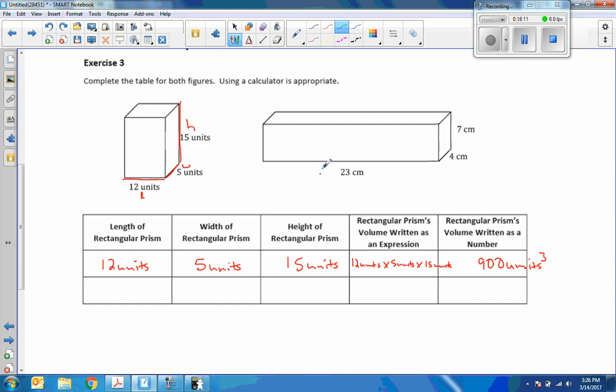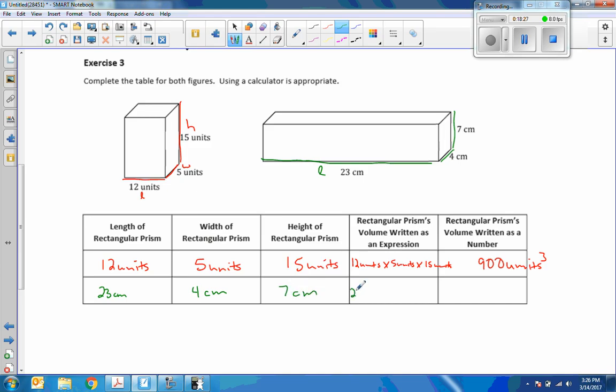Length is down here. This is my length, so that's 23 centimeters. The width is 4 centimeters, and the height, it is 7 centimeters.